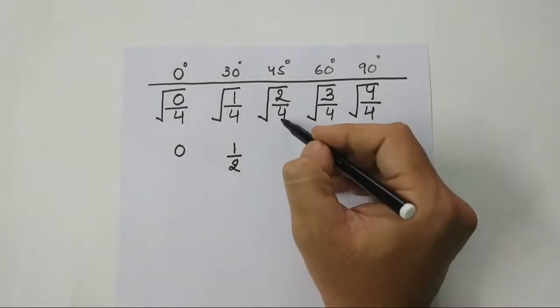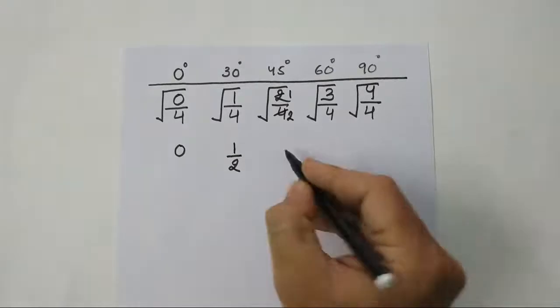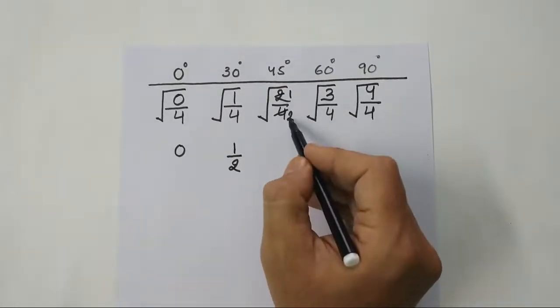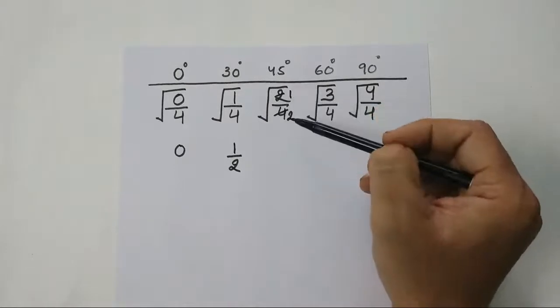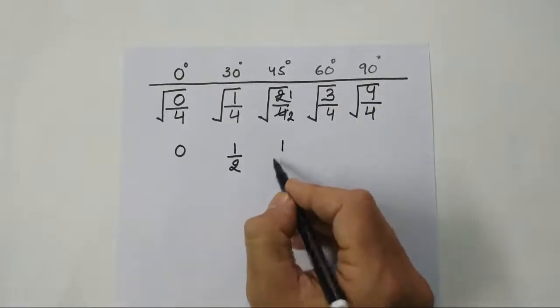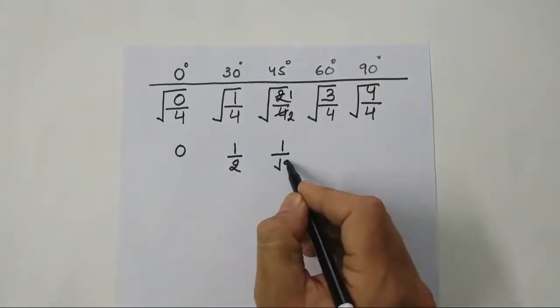Then 2 upon 4, when you simplify, becomes 1 upon 2. So it becomes under root of 1 upon 2, which means square root of 1 is 1 and square root of 2 is root 2, so it is 1 by root 2.